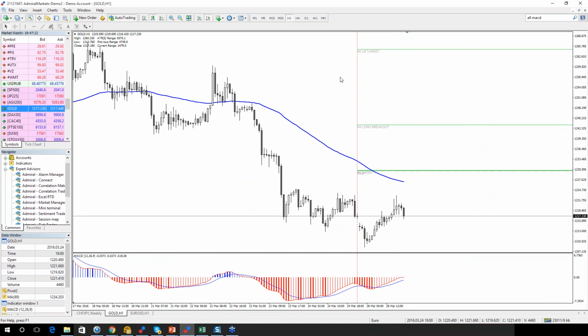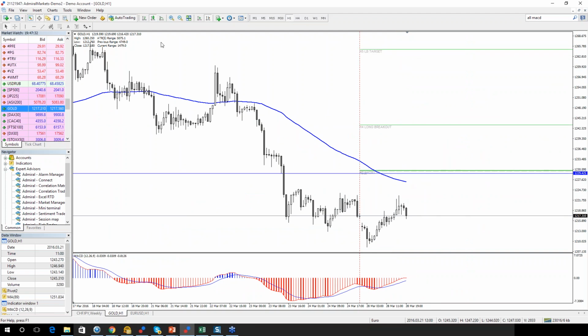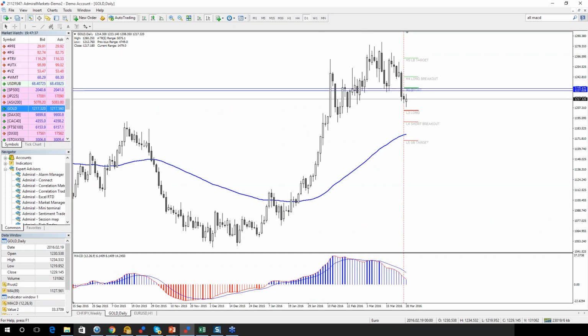So I would probably look to sell intraday around this region here. Even here. Because this candle is not that strong. It should be a hammer, but it's not. If it closes bearish, then yes, gold can go down. But guys, I wouldn't trade gold now.